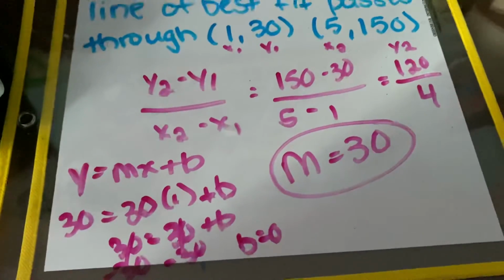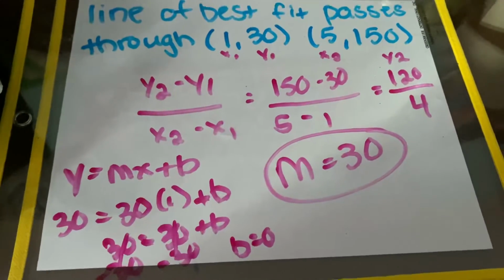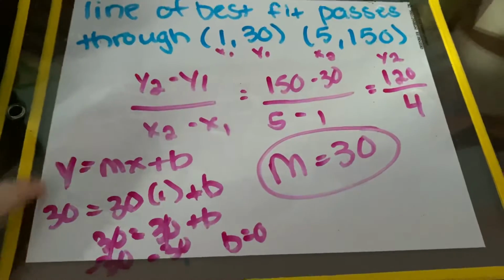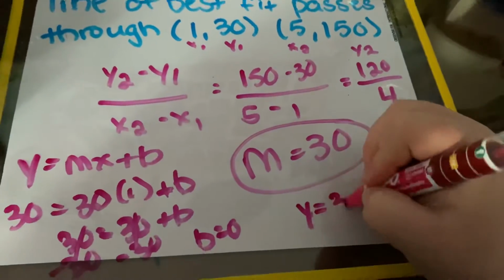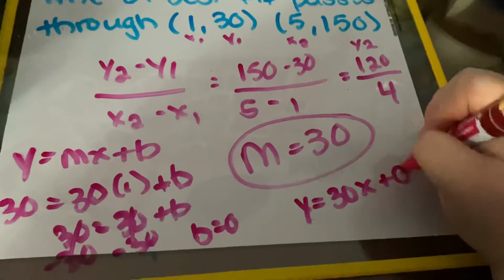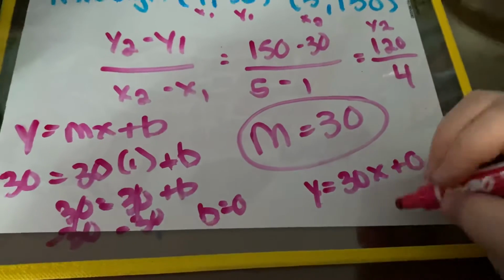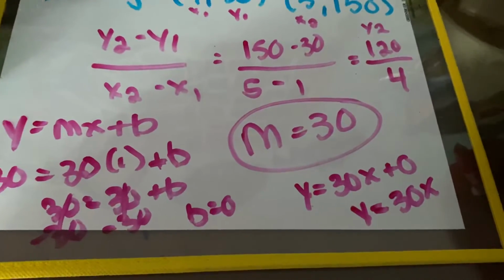So for this one, our y-intercept, which remember is that b, is 0. But that's not always going to be the case. This is how you find your b. So our equation, when we write it out, would be y equals 30x plus 0. That 0 is not necessary, but it's okay if it's there. I could also write it as y equals 30x.